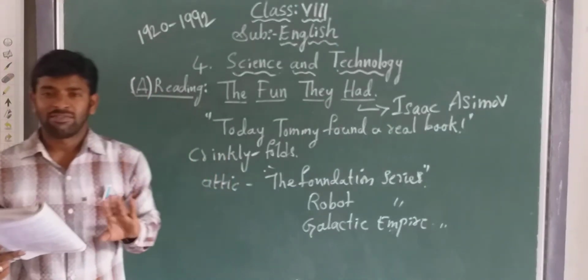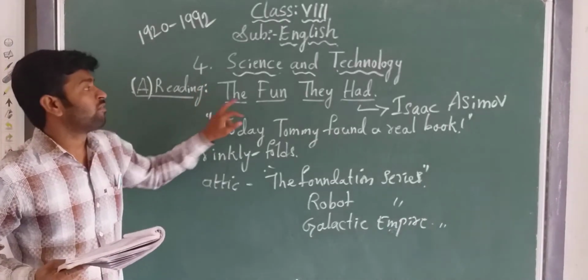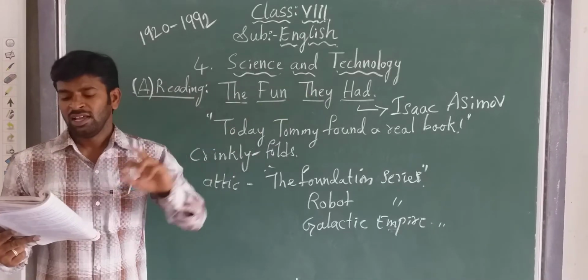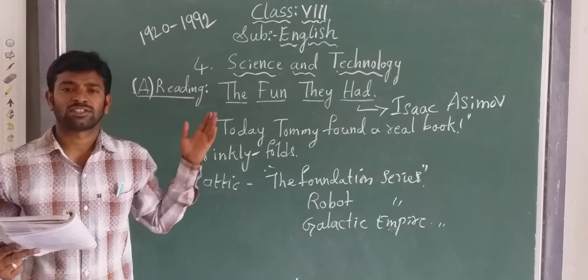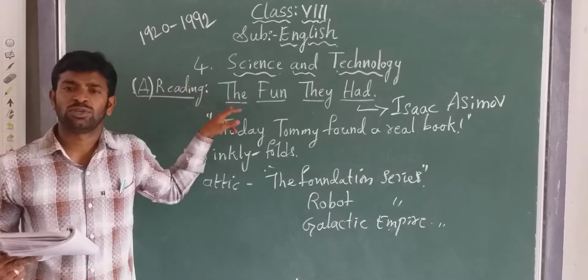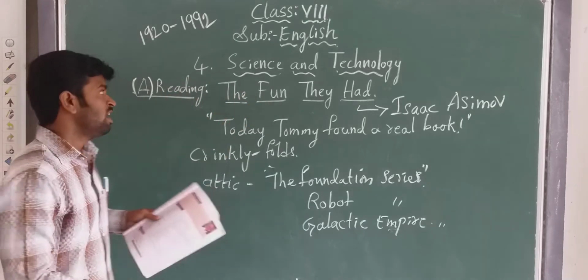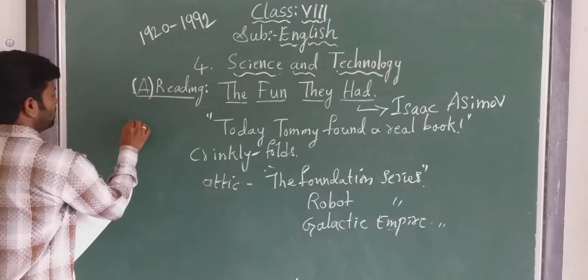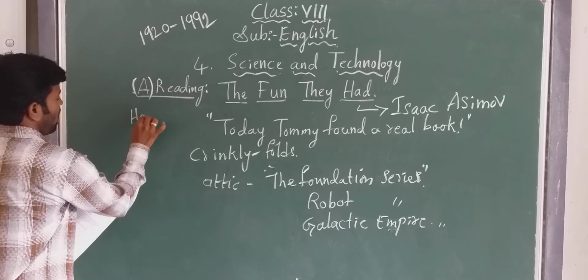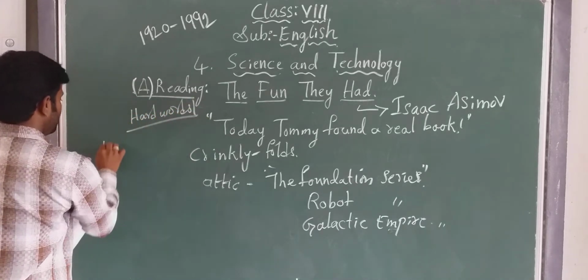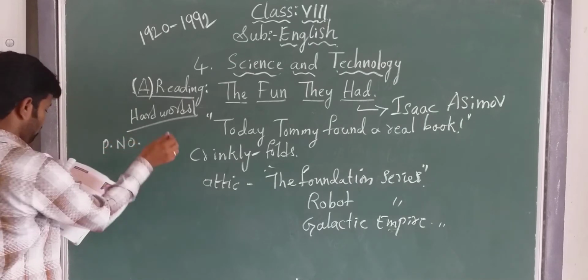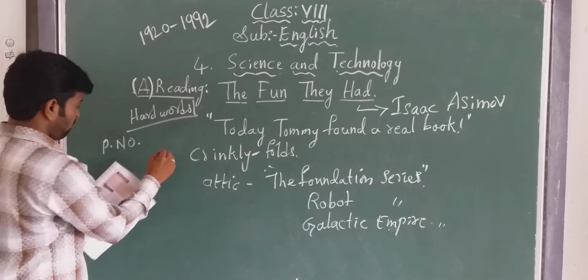Now, children, we have ended our lesson, The Fun They Had. Now your homework is for tomorrow. After the completion of the lesson, you should write the difficult words, hard words, on page number 55.